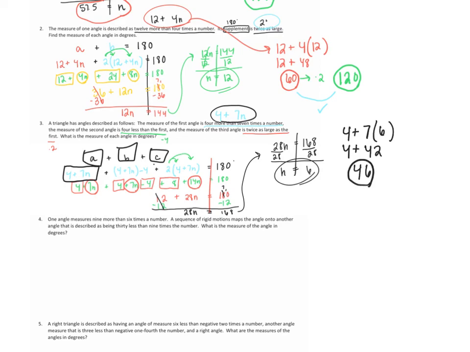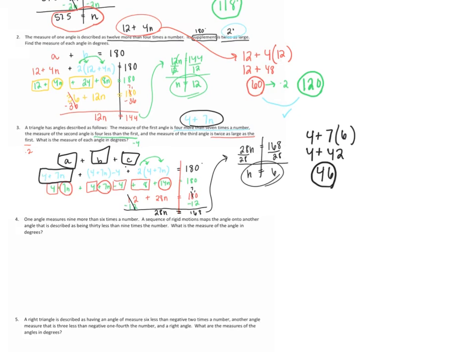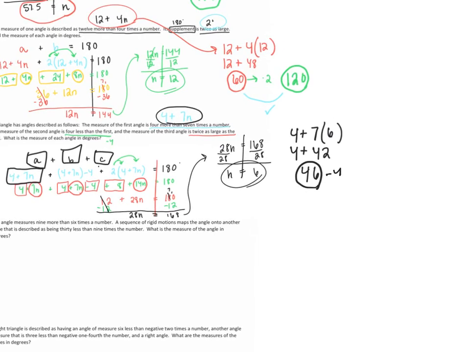So this is my first angle. The second angle is just 4 less than that. So if I take 4 away, 46 take away 4 is 42. And then my third angle is 2 times this first one, so 2 times 46. Do that in my calculator real quick. And I get 92. So these are the 3 angles that I get.